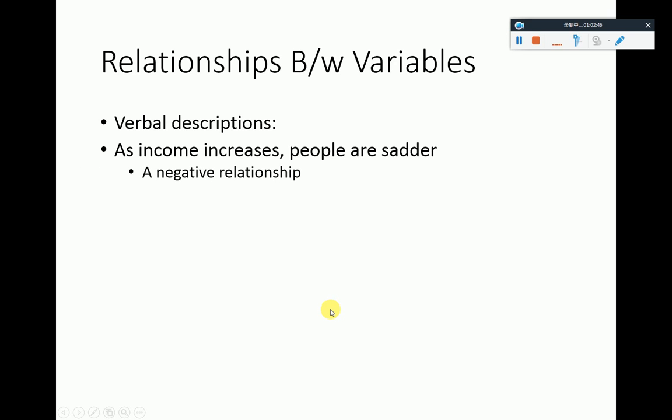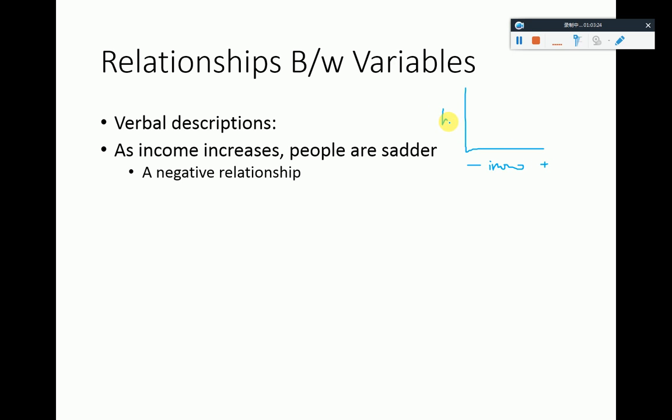So, we'll conclude this lecture on verbal descriptions: how we verbally describe the linear relationships that we just drew. So here we have a first example, right? If we say as income increases, people are sadder, we can say it's income, from no money to lots of money.